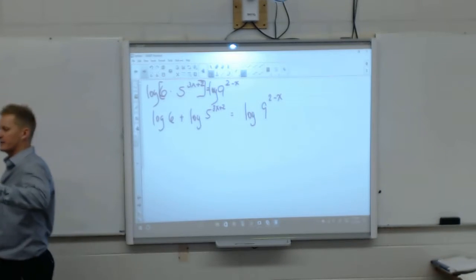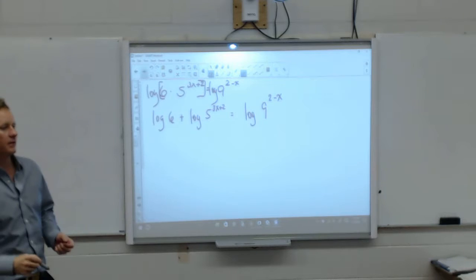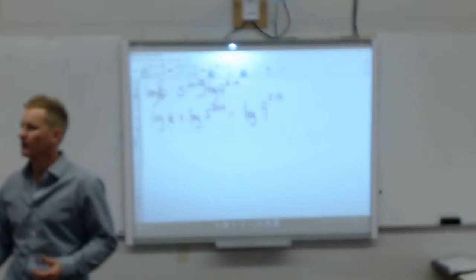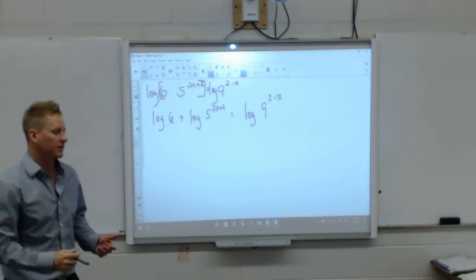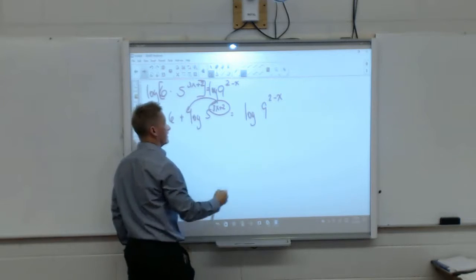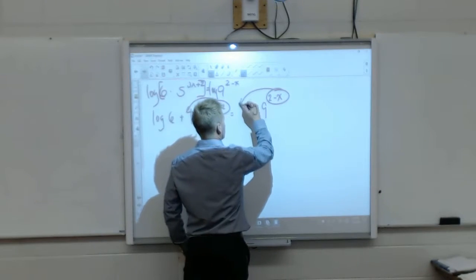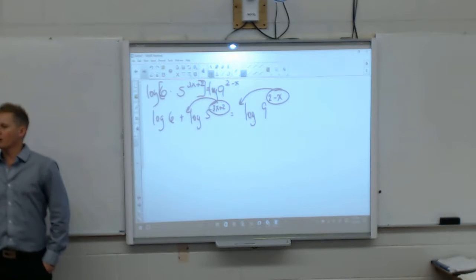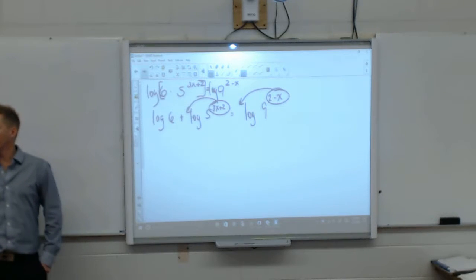I still have that exponent being my variable. I don't want that. So at this point I need to use one of my log rules to not have the variable as the exponent. That comes in front here, and that comes in front over here. So now I'm no longer dealing with an exponent being a variable.